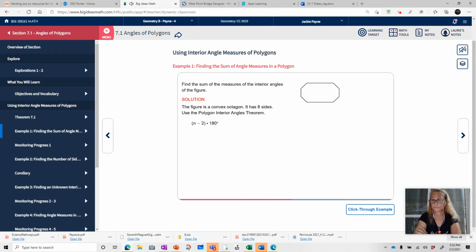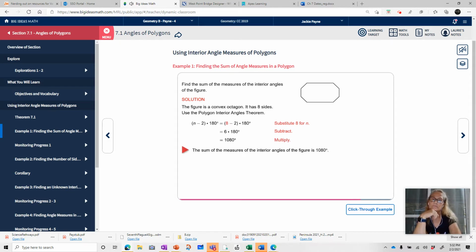Because the figure has 8 sides, substitute 8 for n. Now subtract. 8 minus 2 is 6. Then multiply. 6 times 180 degrees equals 1080 degrees. So the sum of the measures of the interior angles of the figure is 1080 degrees.